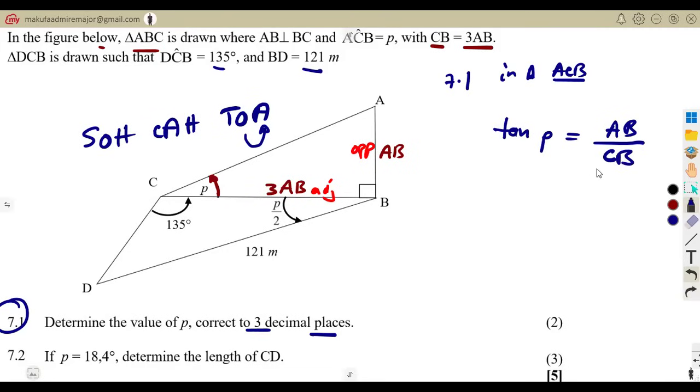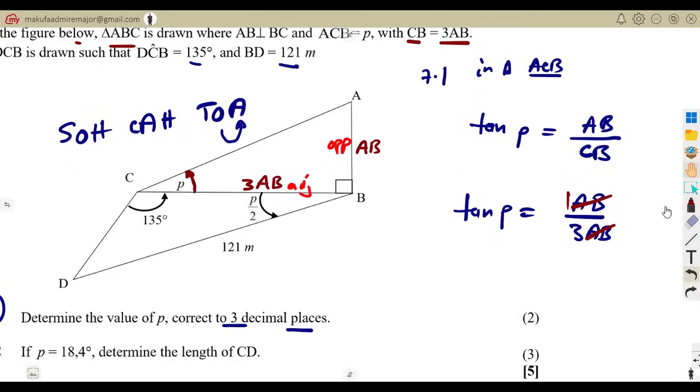This was supposed to be our ratio. But remember, they told us that CB is 3AB, 3 times AB. So you can write it as 3AB, and we can cancel the AB and the AB. That gives us 1 over 3. So we have the ratio that tan P is equal to 1 over 3.